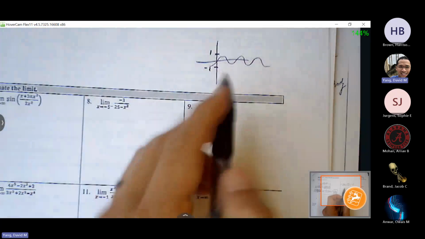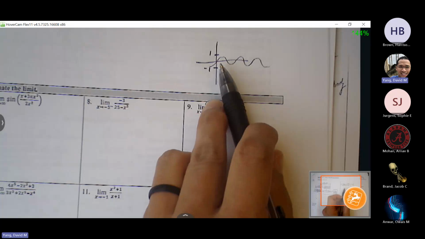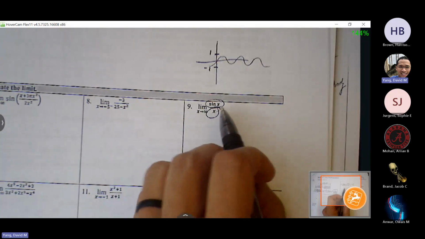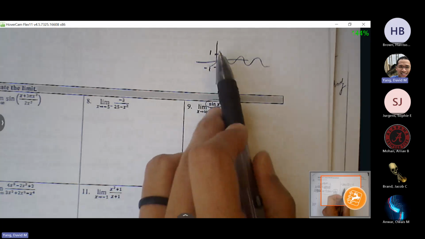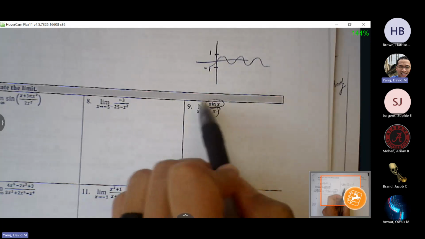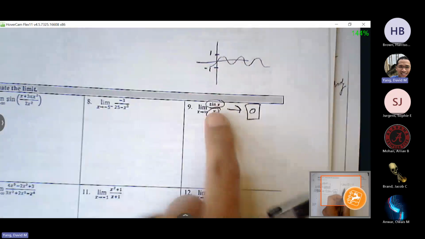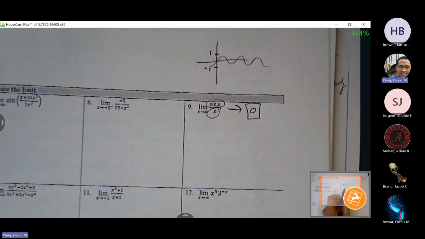So imagine negative 0.01 or 1 over a billion. That value is getting smaller and smaller. It is alternating signs, but it's headed towards 0 because that denominator is getting so large, and that numerator just keeps hanging out around -1 and 1.